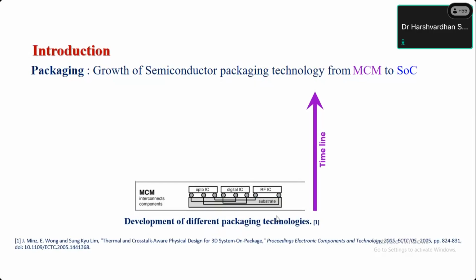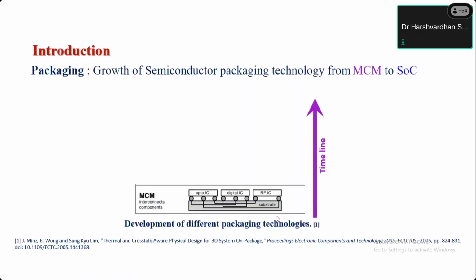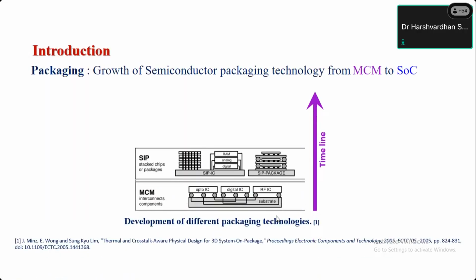Like if you have seen some old television sets, the PCB had multiple ICs kept in place in that same system, right? After that, the development happened, and then they went for system in package.